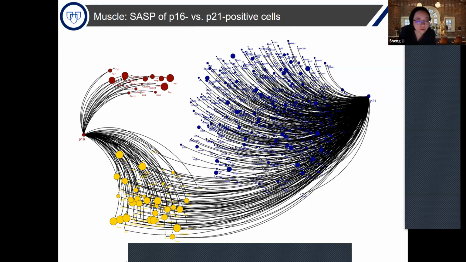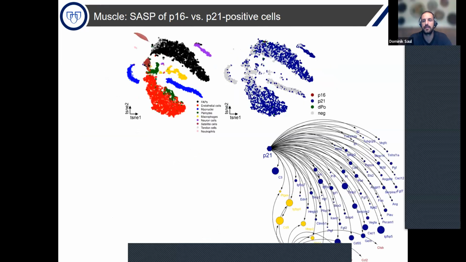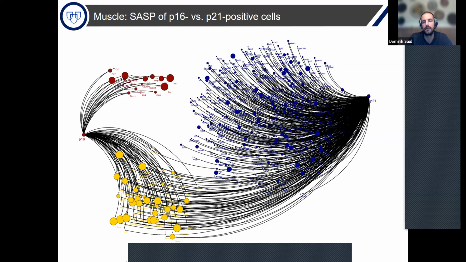Dominik, just curious to see, are you using the SASP module from the SenMayo, or are you looking at a broader gene list of SenMayo, SASP? Yeah, so the first one is just SenMayo, and the genes that we were able to identify and that have been experimentally validated. This other gene list is described as the whole secretome from cells that has been described in the literature from humans.